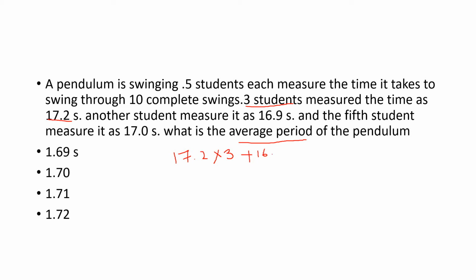Then the next student got 17, so add 17. Now divide it by 5, because in order to find the average we know the formula is total divided by number. Here 5 students are measuring, so 5 is our total number of students. Then you will get the answer as 1.7. C is the answer.